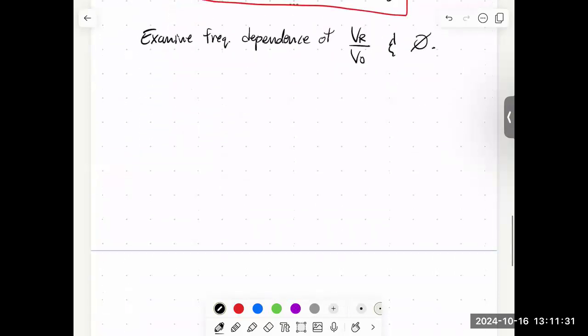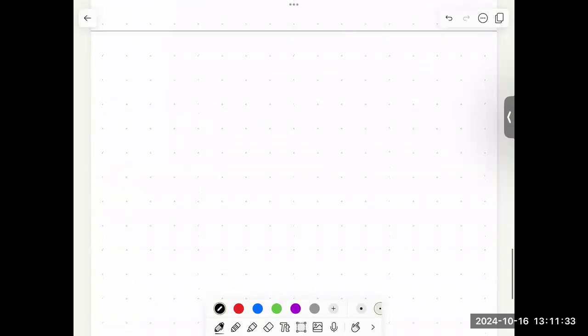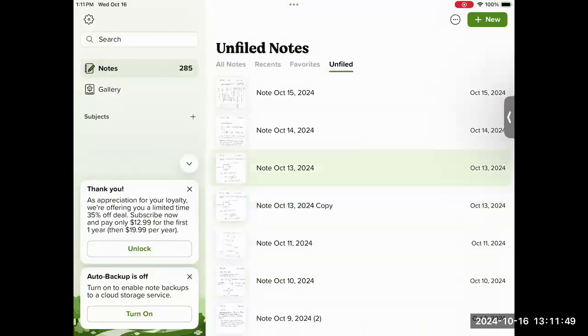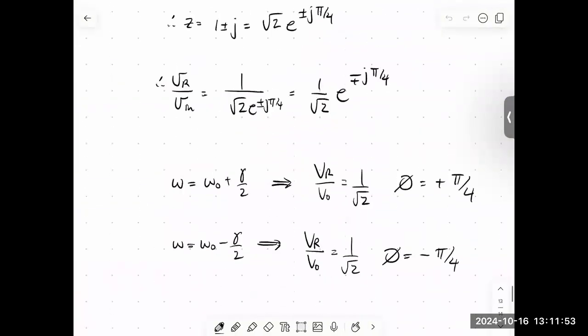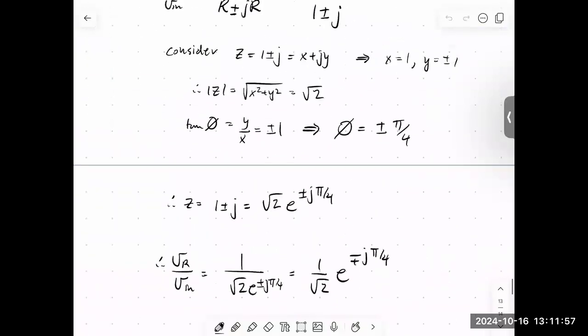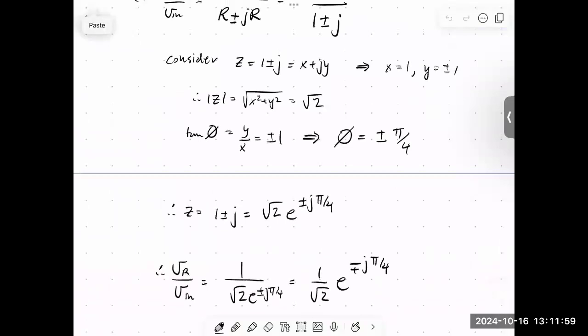So I'm going to set up some plots here. The first plot will be this ratio of amplitudes, VR divided by V naught, as a function of frequency.